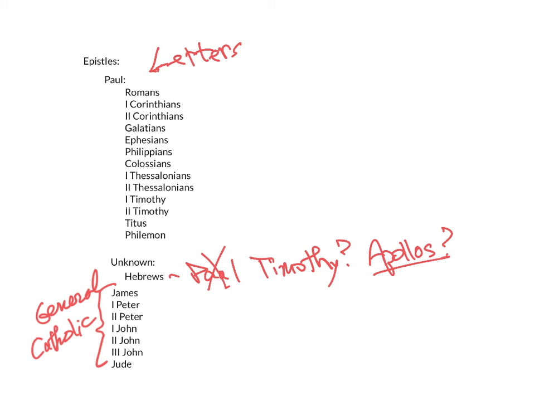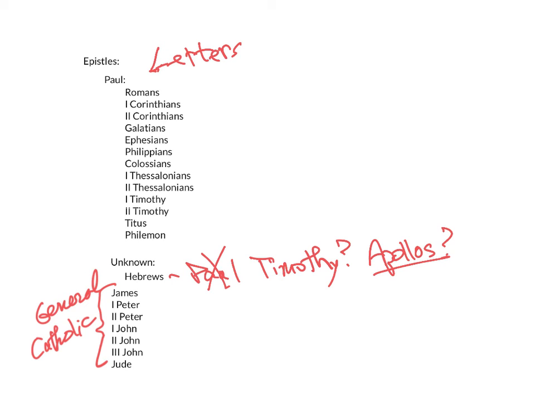And these are one letter by James. Now, this is apparently the James who was a brother to Jesus and who initially opposed Jesus, but eventually became a Christian. Then we've got two by Peter, and this, of course, is the Simon Peter that was an early apostle of Jesus, along with his brother Andrew and his friends, James and John.